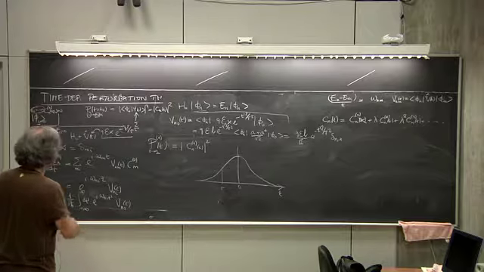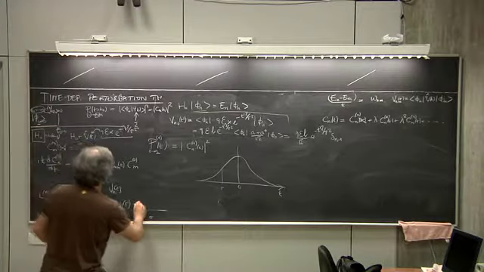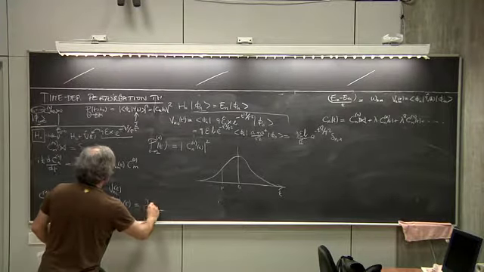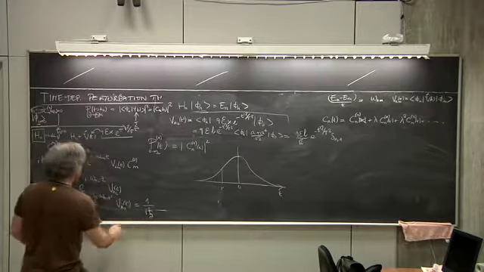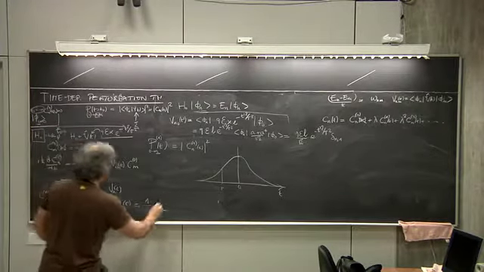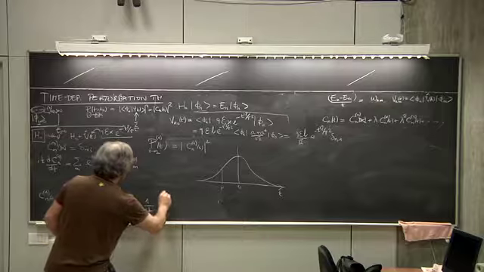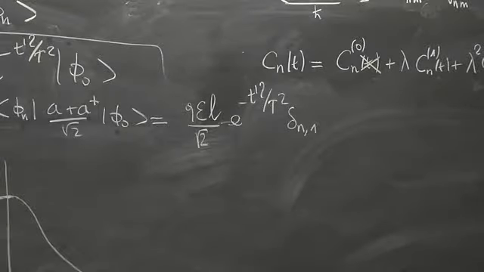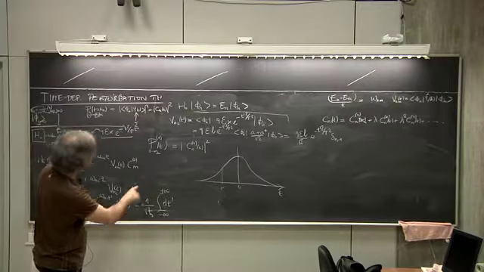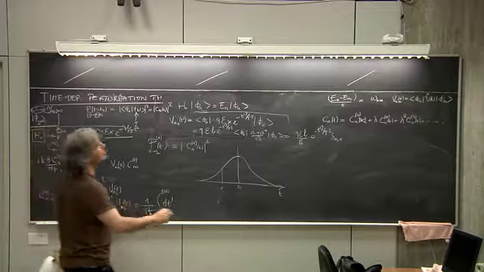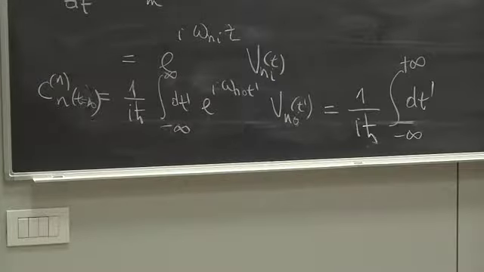So let us calculate the result. I have 1 over i h bar. Then I have the integral from minus infinity to plus infinity in dt prime. This is n and 0, but I really only need n equal 1. Omega 1,0 means E1 minus E0 over h bar.